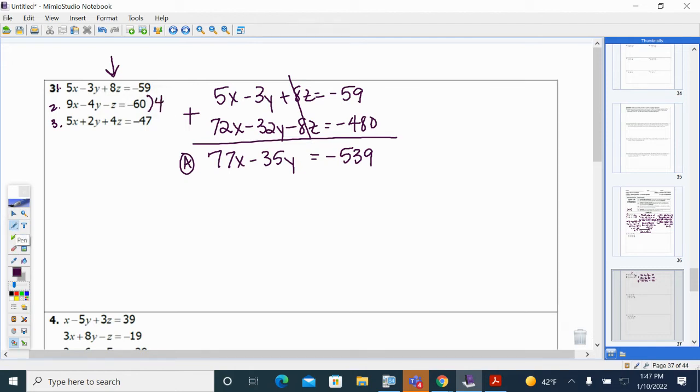So again, equation number 2, 9x times 4 is 36x. Negative 4y times positive 4 is negative 16y. Negative z times 4 is negative 4z equals negative 60 times 4 is negative 240. This equation 3, I'm just going to bring that across.